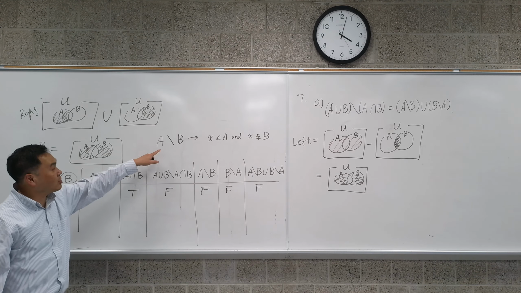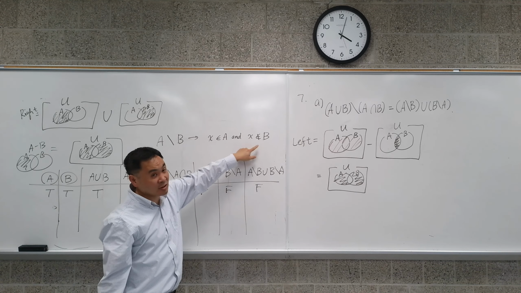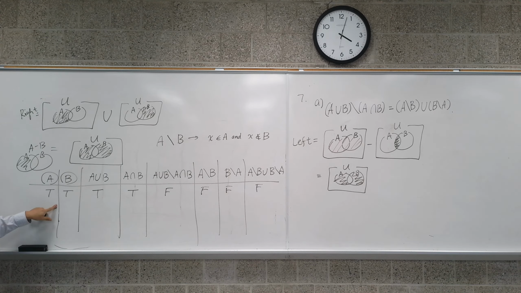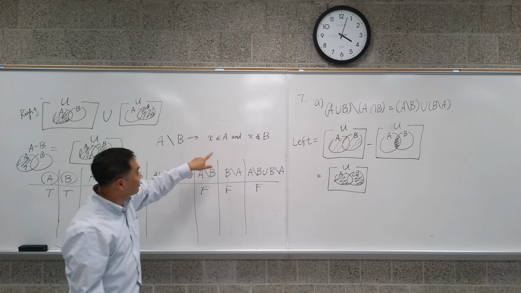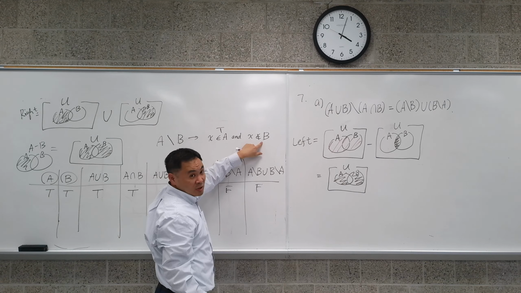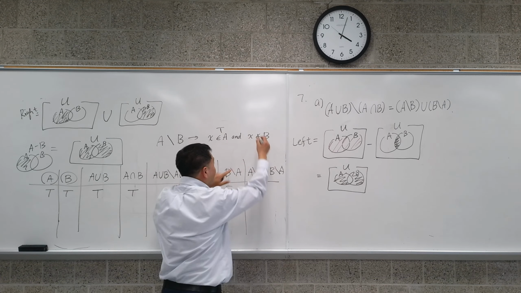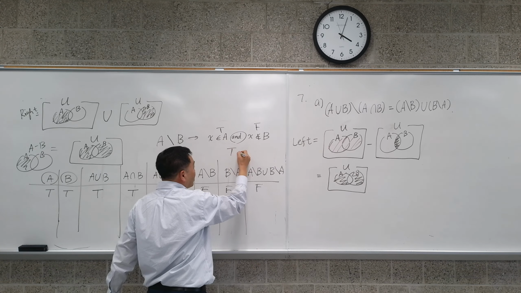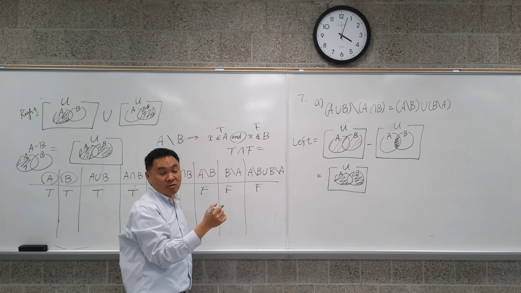This is a collection of X is in A and X is not in B. And if you get that definition, then think about this. This means X is in A, this means X is in B. And now look at this statement. Is X in A? That's true, right? Is X not in B? That's false because we said X is in B, right? And then if you have true and false, what does this evaluate to?